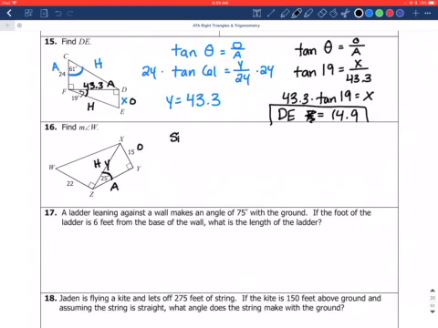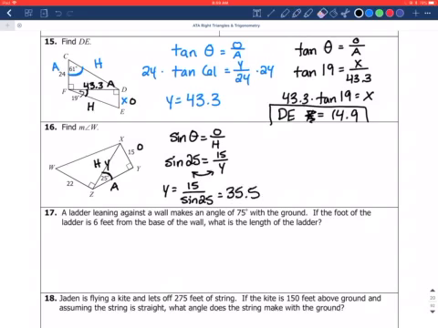So that we have sine, because it's opposite over hypotenuse. And the sine of 25 degrees equals 15 over y. Y is what we're trying to solve for. So we have this rule where we can switch these, and that'll be y equals 15 over the sine of 25, and that should give us 35.5.